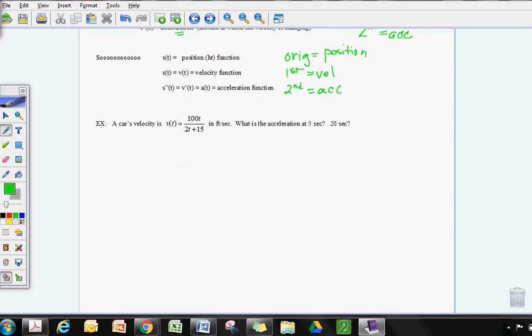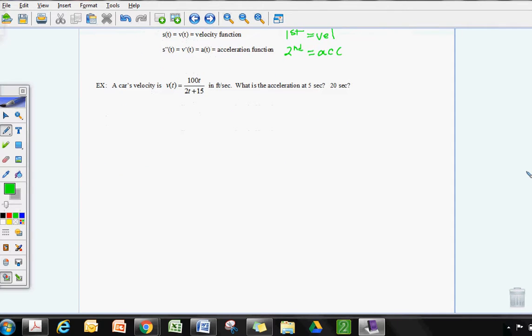So now you got to learn to read the problems. And in this problem, it says a car's velocity is this many feet per second. What's the acceleration at 5 seconds? What's the acceleration at 20 seconds? This is velocity. So in your head, you already need to know this is first derivative.